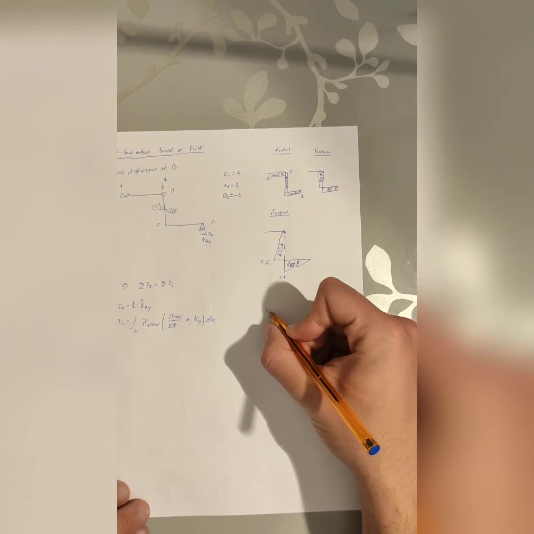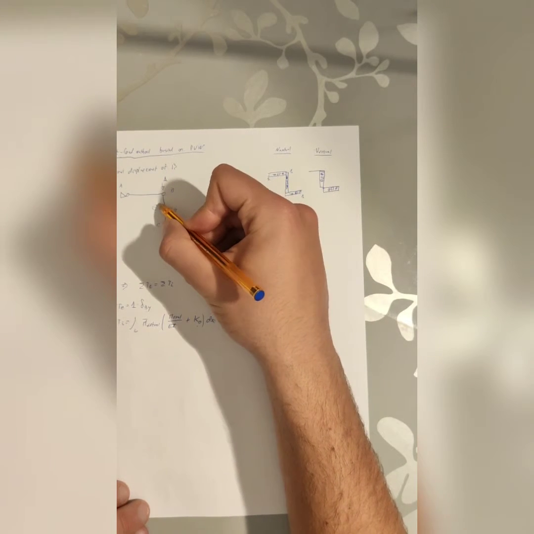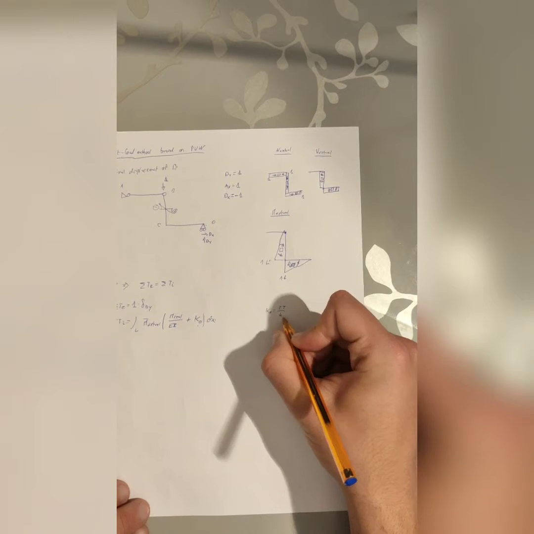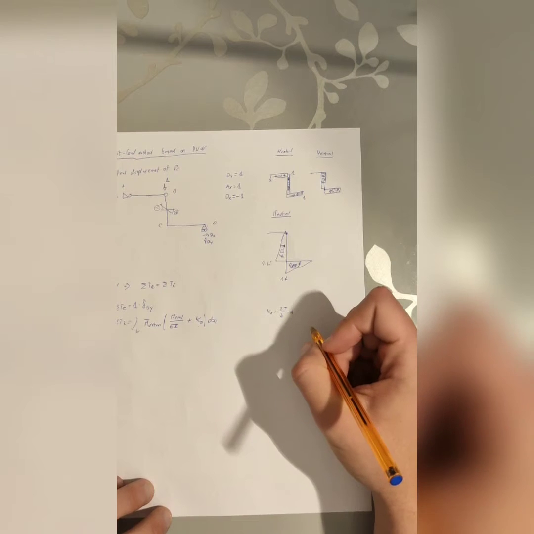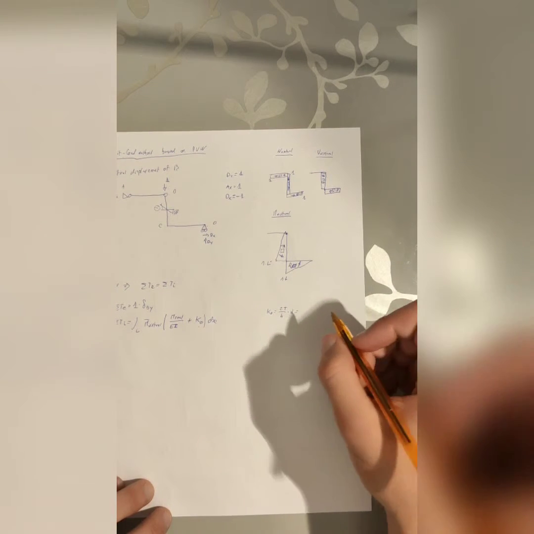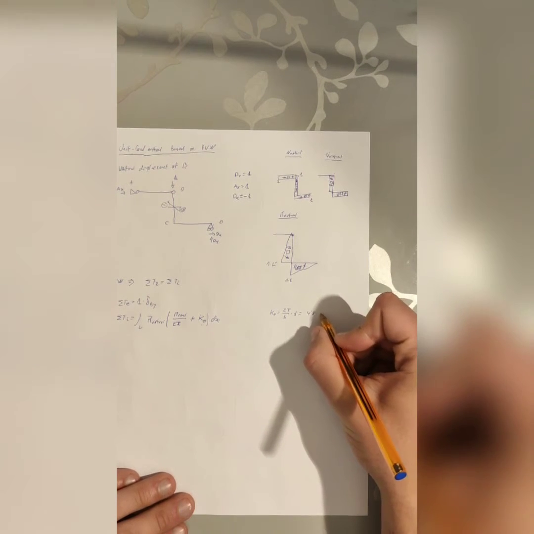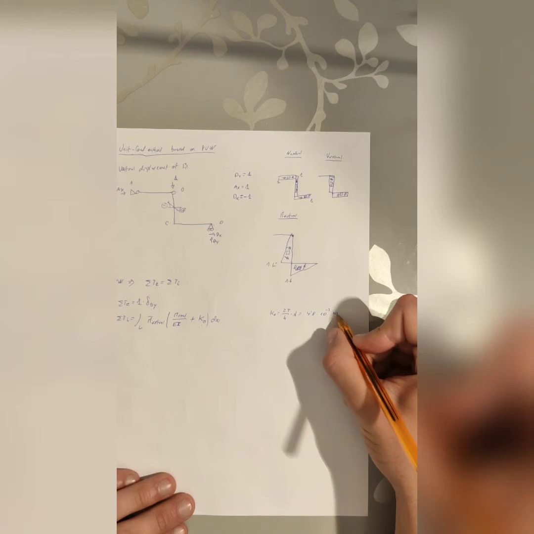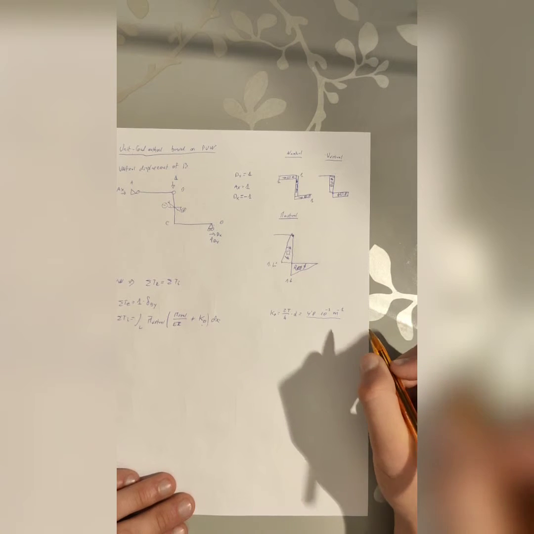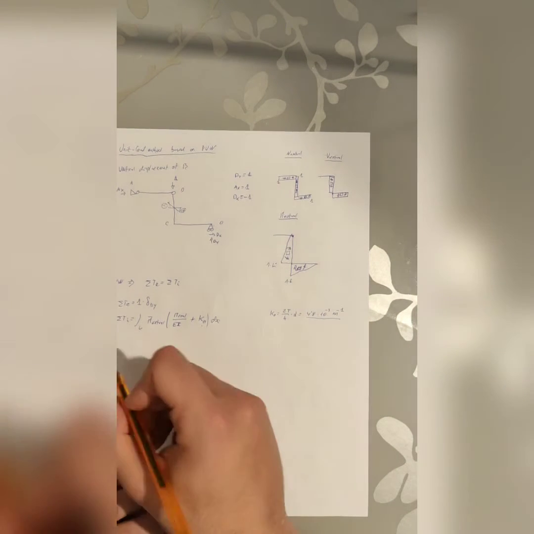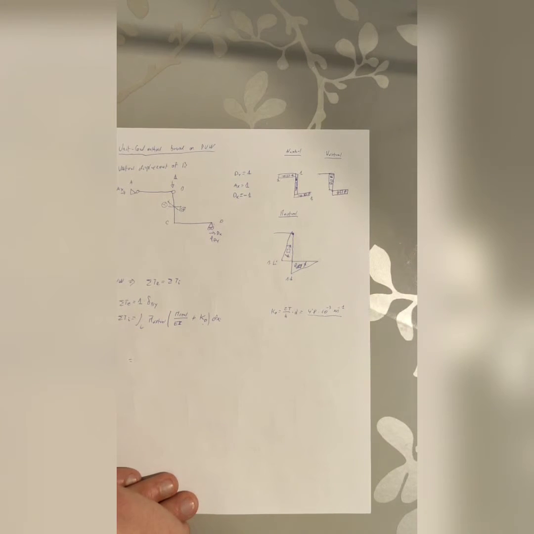The value of the gradient is 2 times T, because it's T on this side and T on this side, divided by H, the height of the beam or the bar, multiplied by the expansion coefficient of the steel, and this gives us a value of 4.8 times 10 to the minus 3 meters to the minus 1. And with this we can solve this integral using the tables of the virtual moment diagrams.